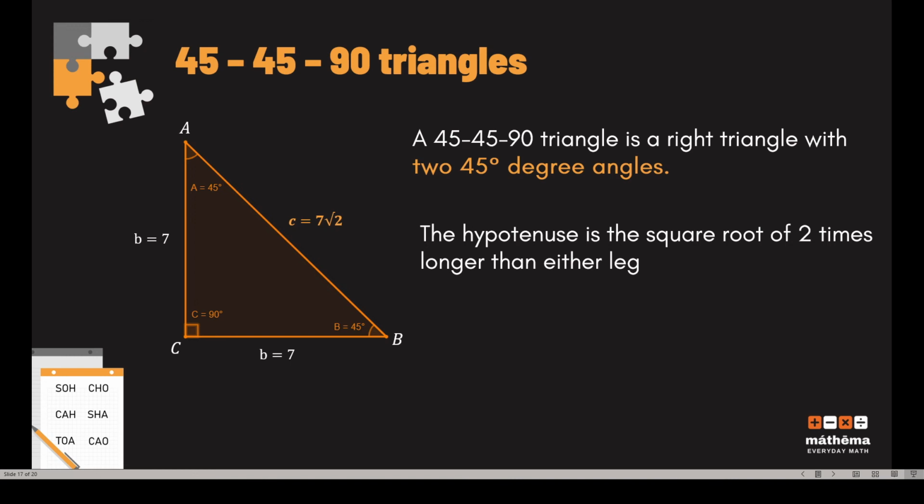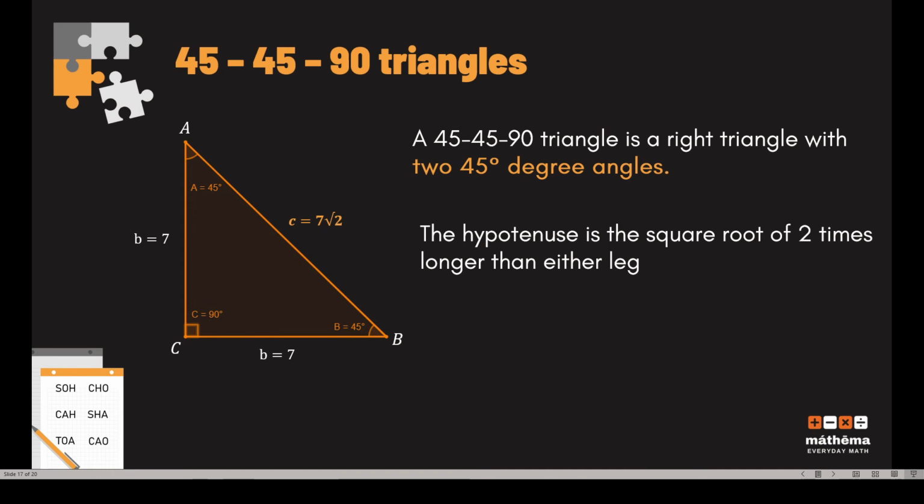For example, if our legs are 5 and 5, our C will be equal to 5 square root of 2. So that will be the shortcut. That is why it's called special triangles, because there's no need for us to write lengthy solutions for this.